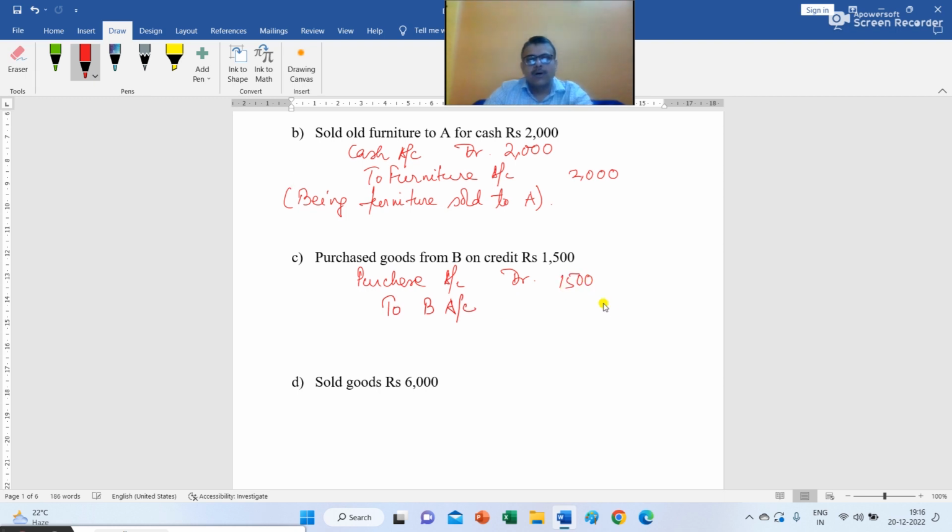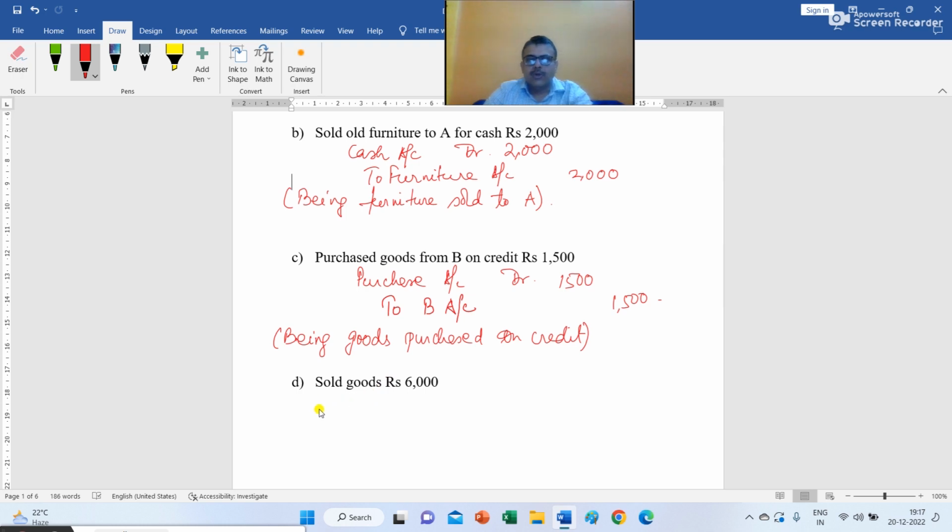And the amount is for 1500. Being goods purchased on credit. So whenever there is a purchase of goods on credit, the journal entry is purchase account debit to B. So here B is the creditor.